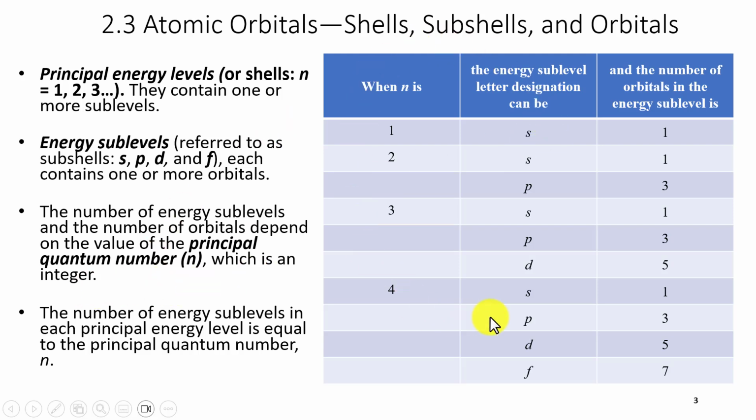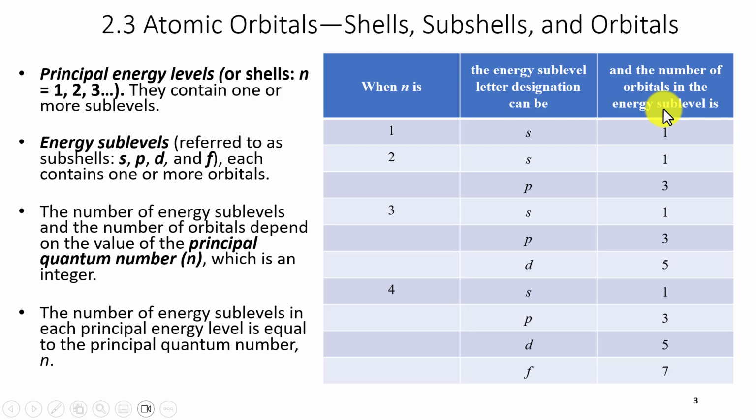So let's look at this table here that gives us an overview of shells, subshells, and orbitals. If n equals 1, that's the simplest first energy level, then that energy level can only have one sublevel designated, and the simplest of them is s.